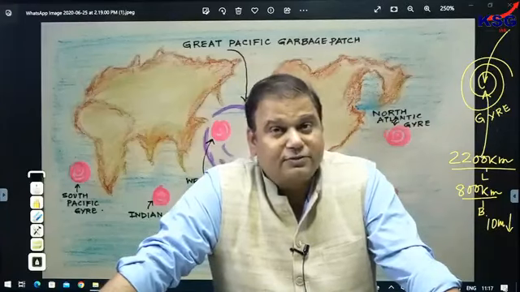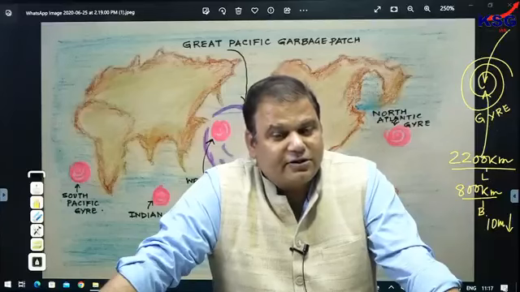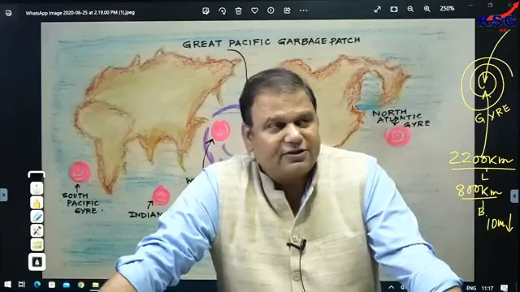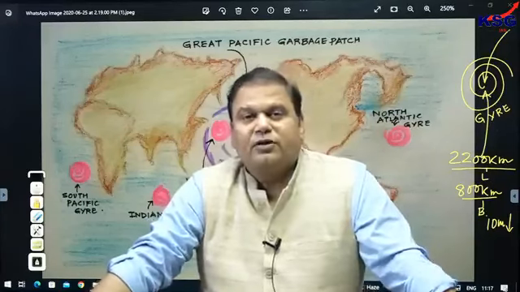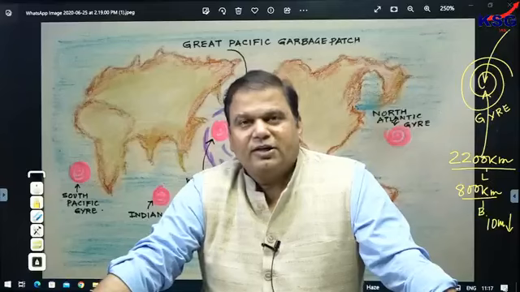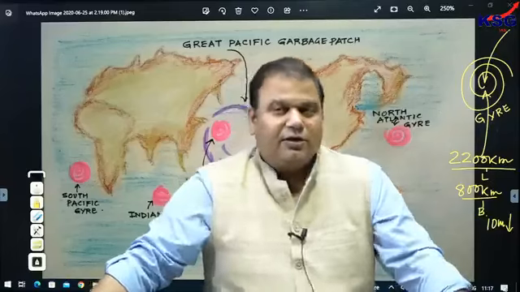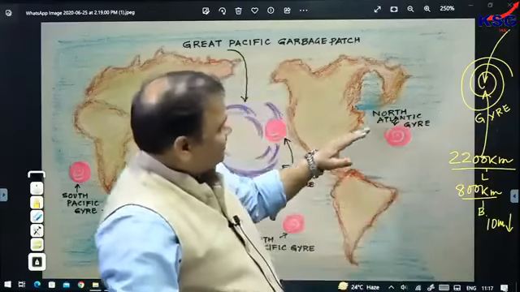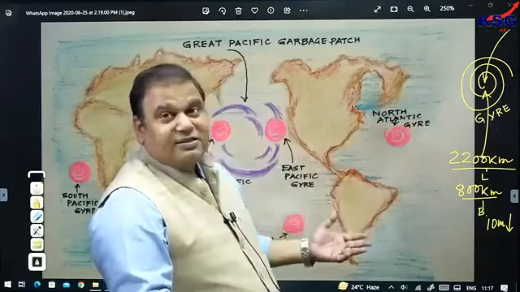Now it is referred to as what? It is referred to as Great Pacific Garbage Patch. Fine. Now we can see that this patch has been formed. What does it consist of? Write down.